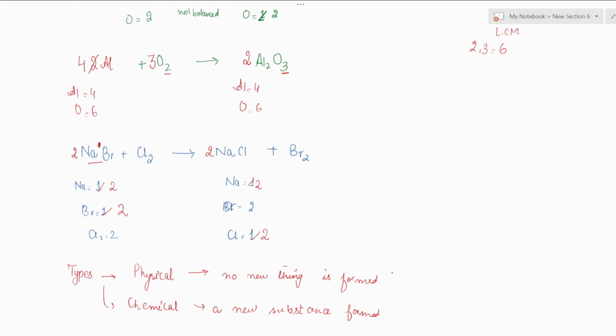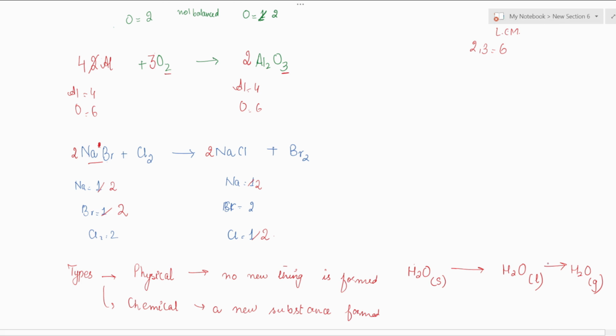Okay, let me write this. I'm giving you an example. Like water, it's solid and it's converting into liquid water. It's still the same. And even if it's converting into gas, the substance is the same. It's still water, right? So this is a physical change.